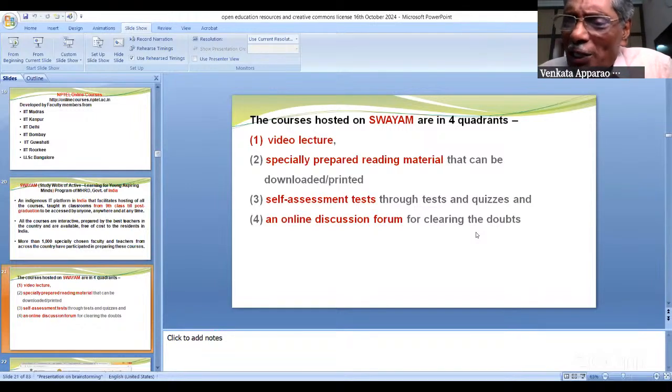You can also advise your students to register simultaneously for these online courses because they are all conducted so that students can register and make the best use of them without any clash with the class timetable, right? There is no issue at all, okay?